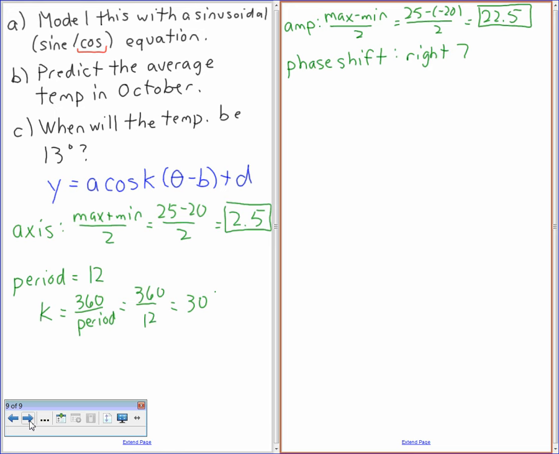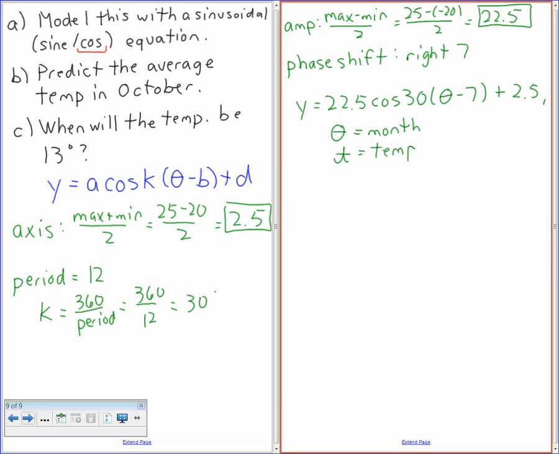Okay, let's get our final equation here. Can someone be brave and give me an equation? Yeah, go ahead. Where theta is your month, and t is your time.